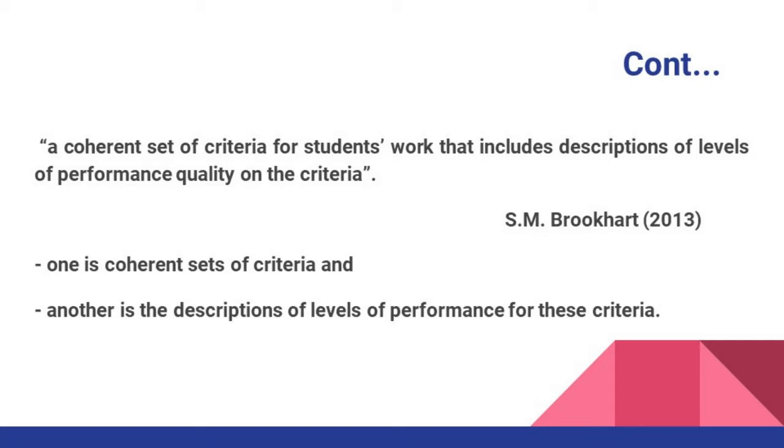The definition given by Brookhart clearly indicates that a rubric should essentially have two aspects. One is a coherent set of criteria, and the other is the description of levels of performance for that area.